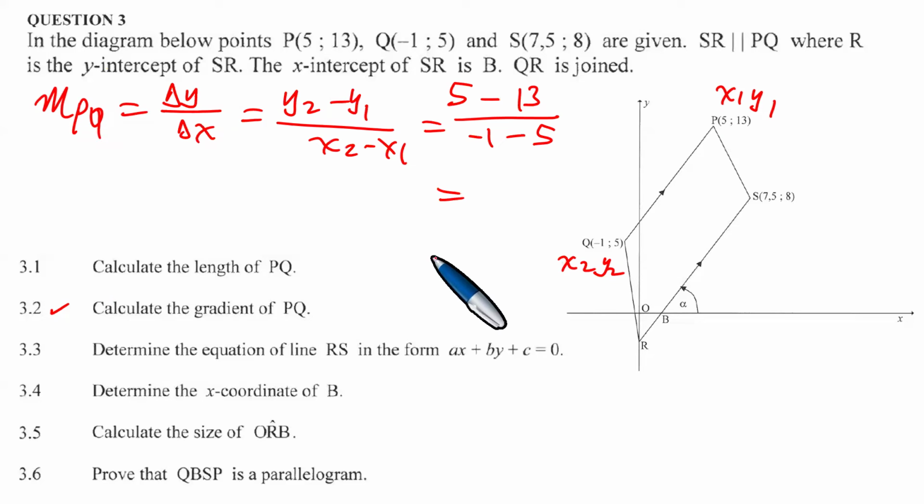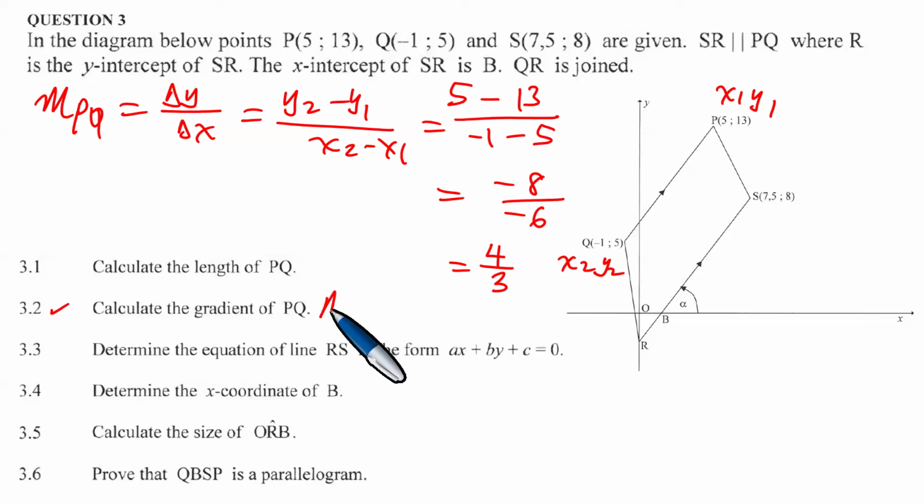What is 5 minus 13? It's -8, and you divide by -6. Upon careful examination, we can see clearly that this is 4 over 3. The negative cancels out, and you divide by 2: dividing 8 by 2 you get 4, dividing 6 by 2 you get 3, so we have 4/3.